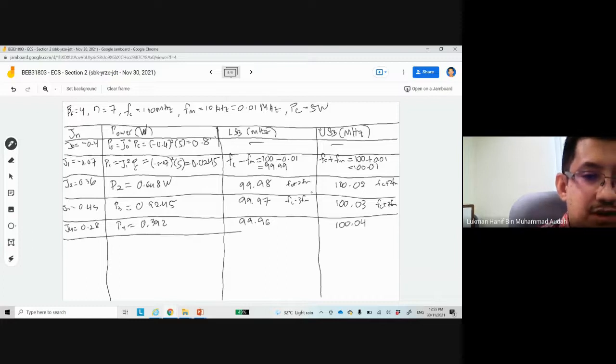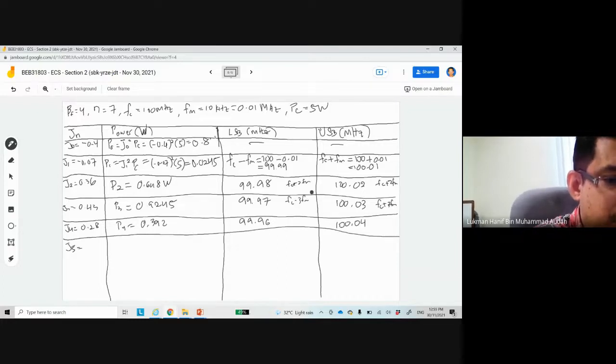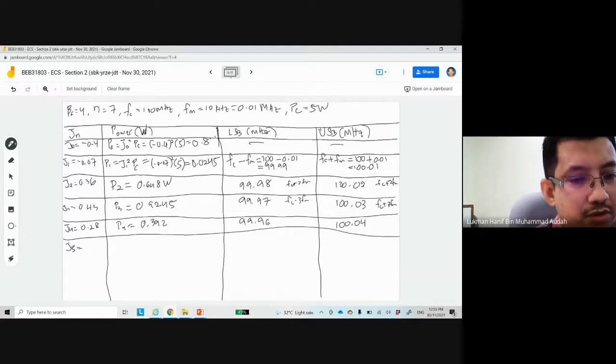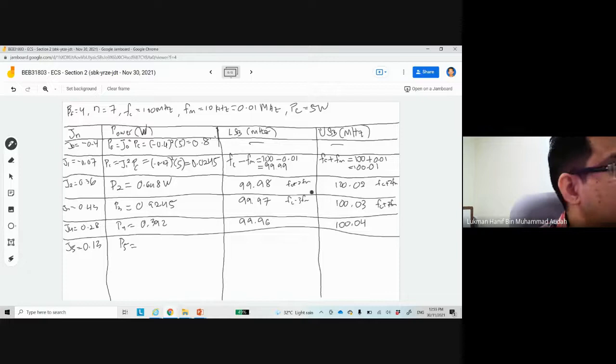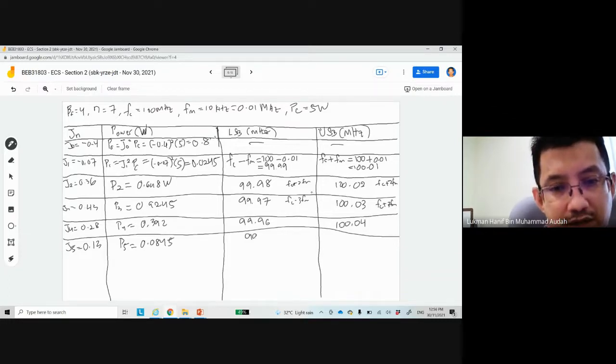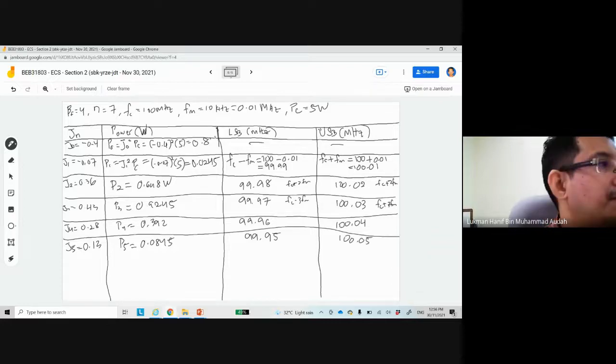So J5 is equal to 0.13. This is from the Bessel table. So P5 is equal to 0.0845. And this is located at 99.95, 100.05. Okay.